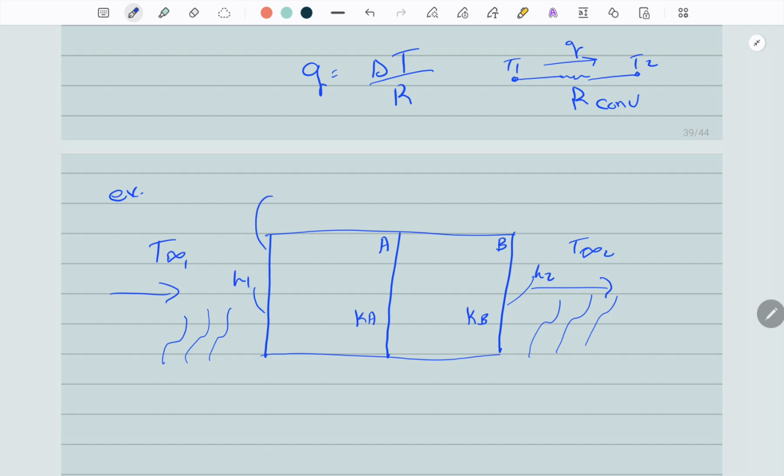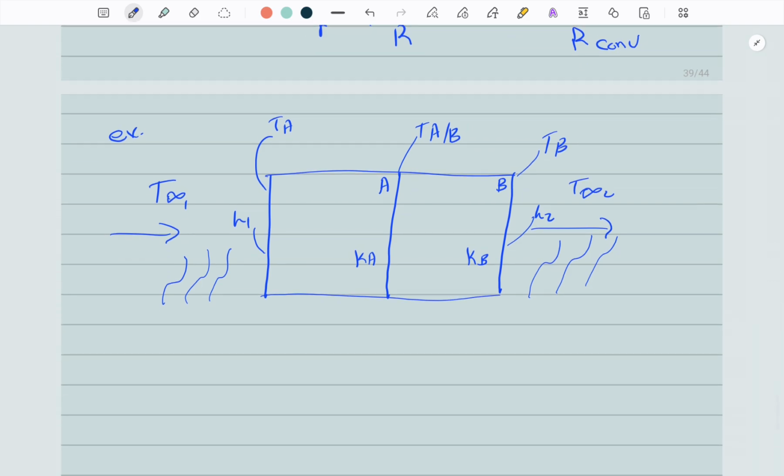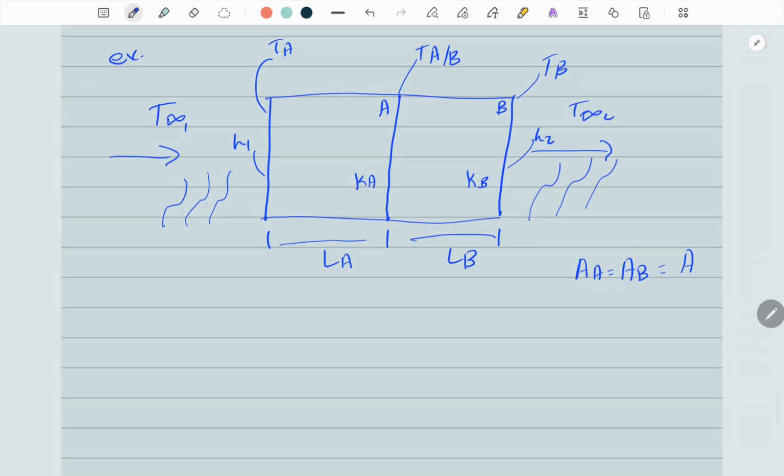This here is the surface temperature of A, material A, surface temperature of A slash B, and this is the surface temperature of material B. For the areas of the wall, we'll assume that AA equals AB, therefore we'll just call it area. The length of the materials is different. This is LA and that is LB. Now the objective is to find Q, total Q.